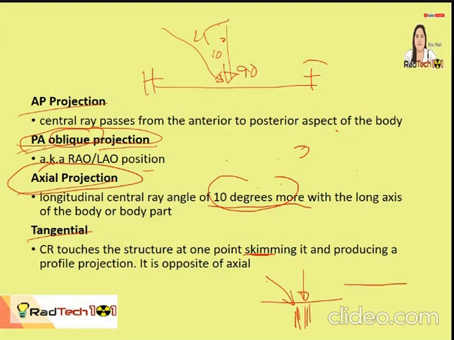This is the patient, so yung x-ray niya is here. Then it will exit in this portion, like, for example, sa knee or sa patella. This is the patella or your kneecap. X-rays will enter here and will pass through here. So skimming siya. That is called tangential projection.